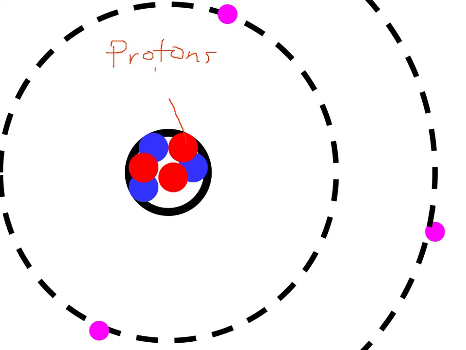They have a positive charge and a mass of 1 atomic mass unit. Let the blue ones be neutrons. They basically don't have a charge, so I'll put a plus, minus, and put a line through it. No charge. And they have a mass of 1 atomic mass unit.